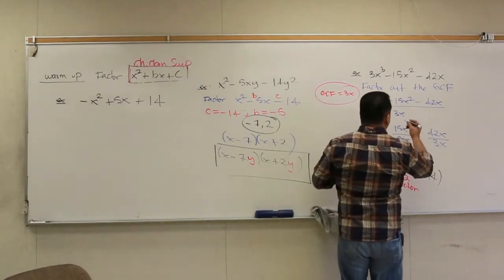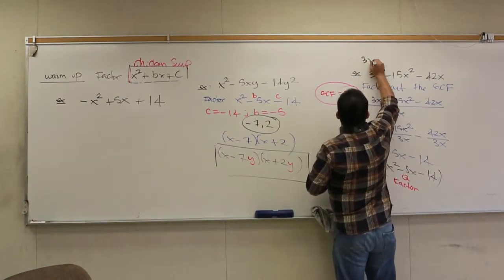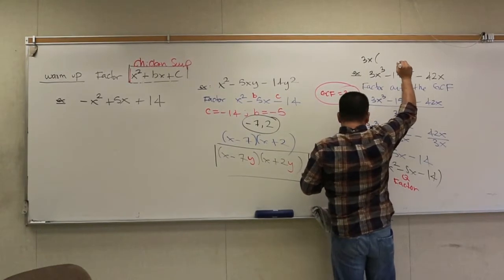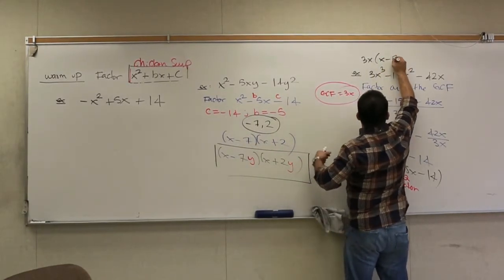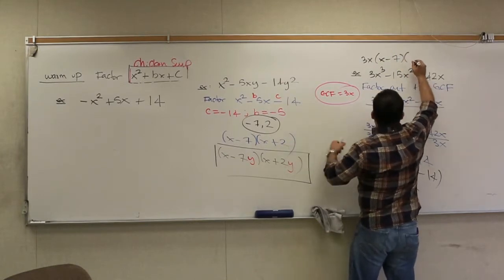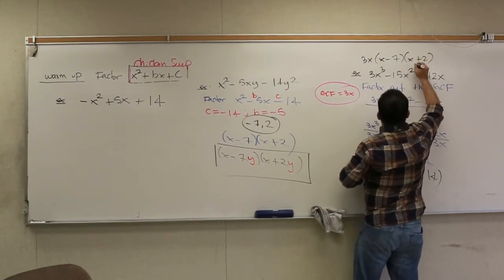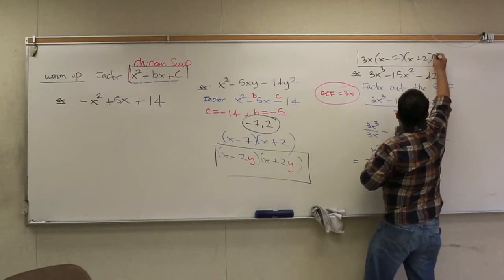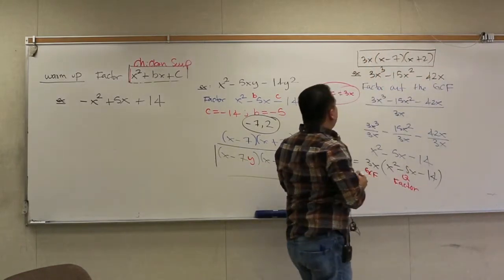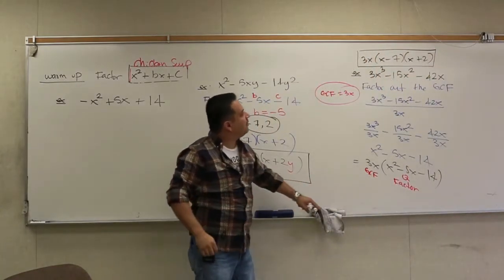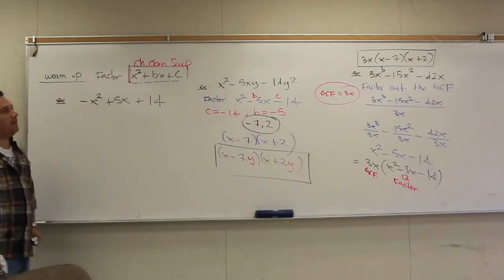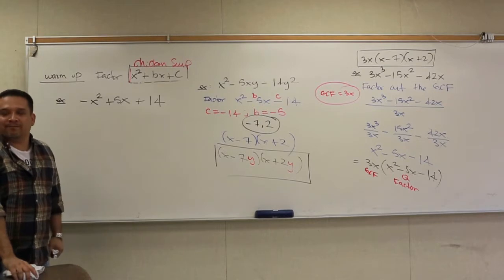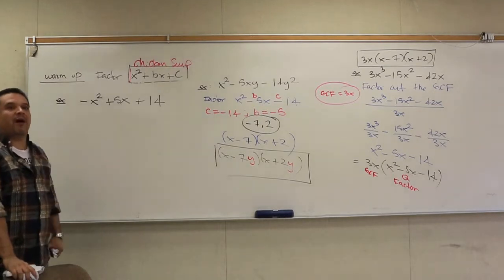The answer is going to be 3x times x minus 7 times x plus 2. There you go. This is your procedure. What do you guys think of that? It's your process.